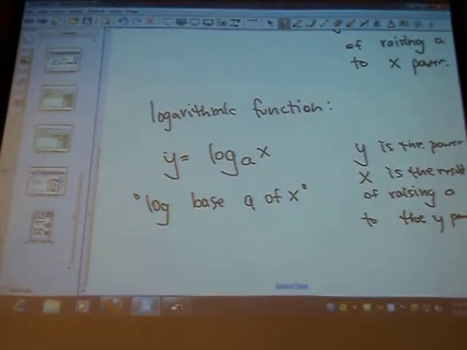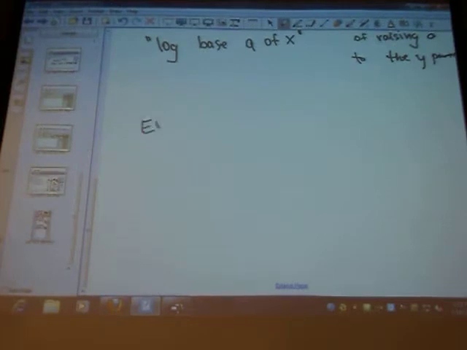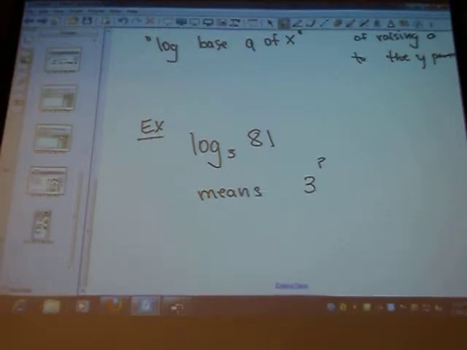Okay, so for example, if I wrote log base 3 of 81, I would say that is log base 3 of 81. What that means is 3 to what power equals 81. So the result is 81.